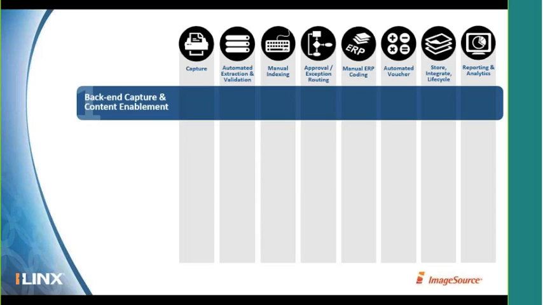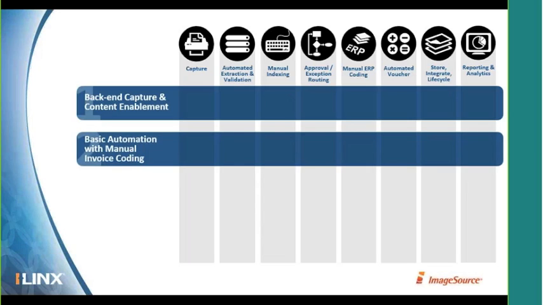Starting with level 1, this is post-process archiving or back-end capture, with an integration to your financial system to deliver appropriate archived content right to your user's desktop with just a single click of a button. We move on to level 2. Here's where we introduce front-end capture coupled with some basic automation, and this is also where we introduce workflow into the business process.